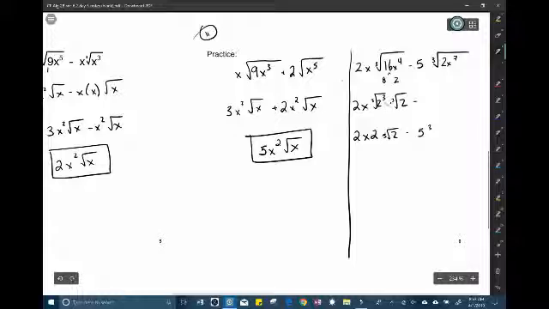No, this should be 2x, sorry, minus 5, because I can bring out another one of those.